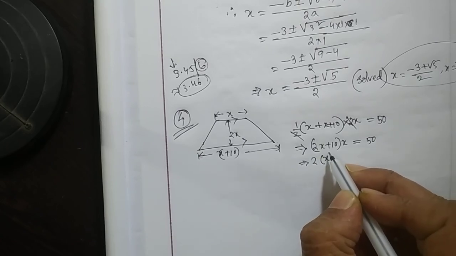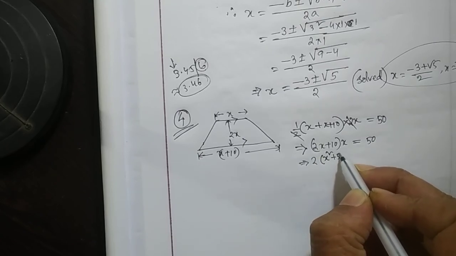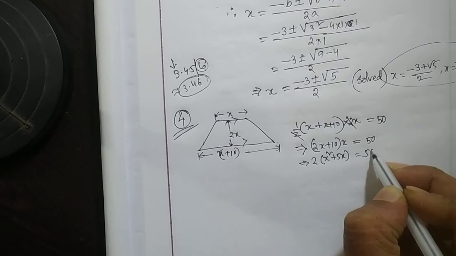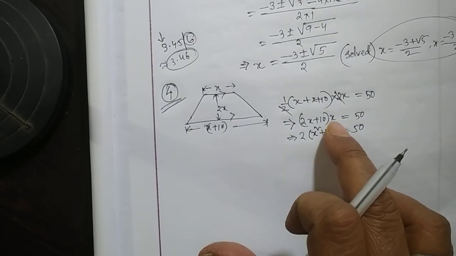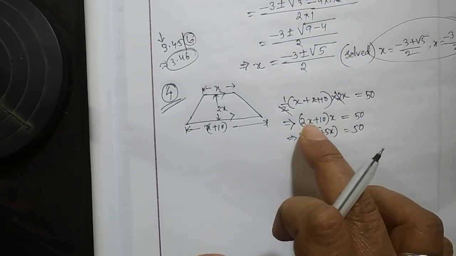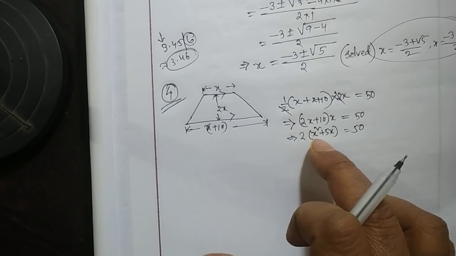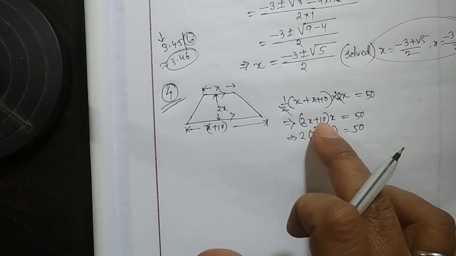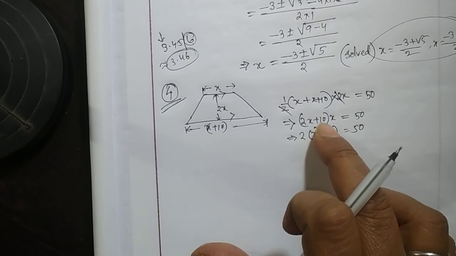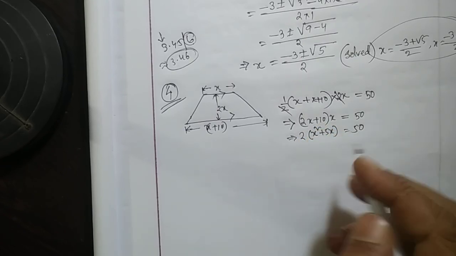So x square plus 5x is equal to 50. If you multiply x inside the bracket, it will come as x multiplied by x, x square, and the remaining term here, 10 divided by 2, is 5x.